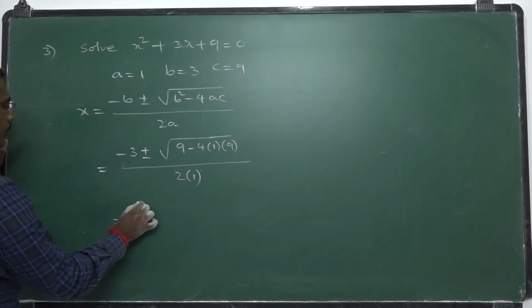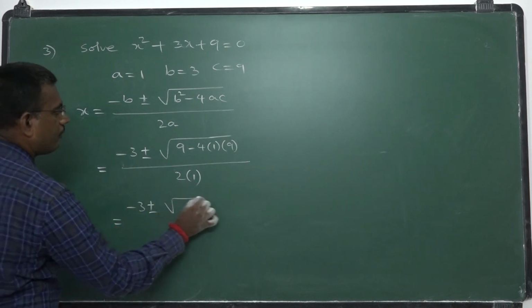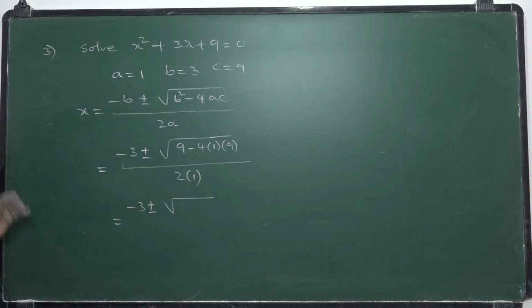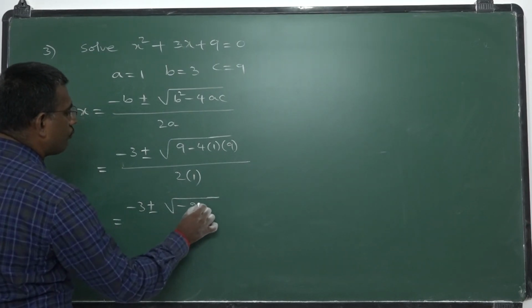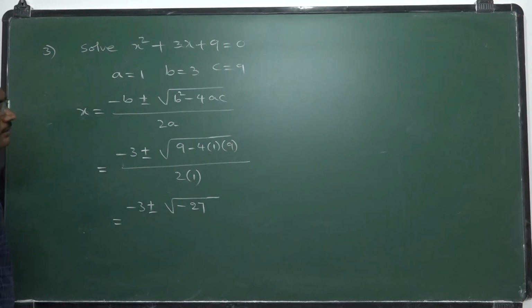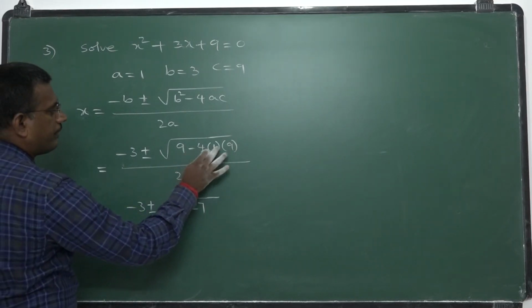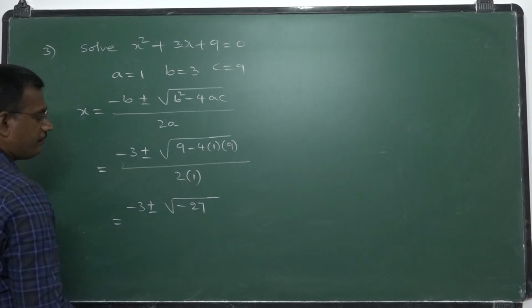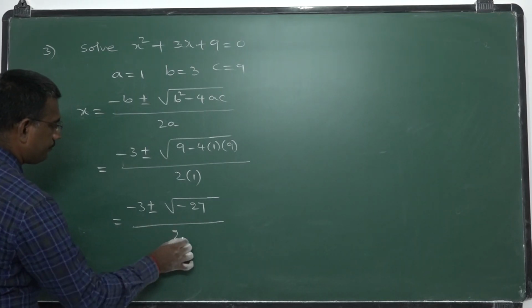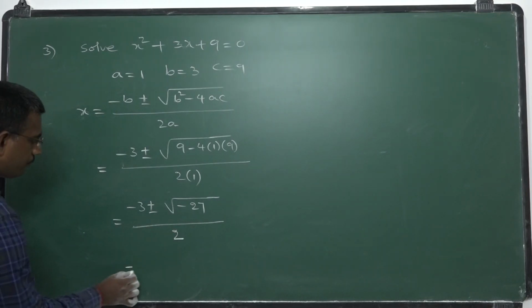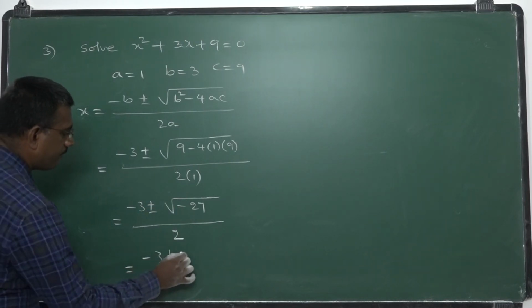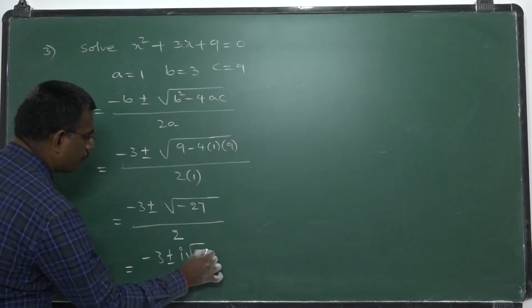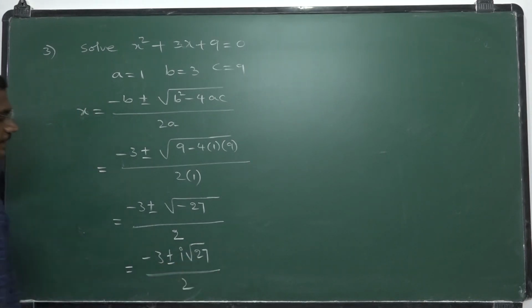So this is equal to minus 3 plus or minus root of 9 minus 36. 4 9s are 36, 9 minus 36 is minus 27, by 2. So we write the minus root 27 as i root 27. Minus 3 plus or minus i root 27 by 2. Right.